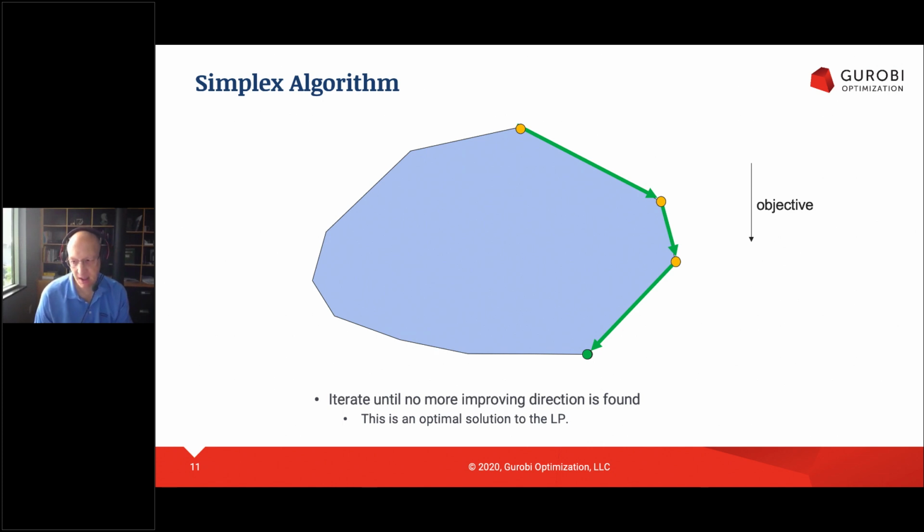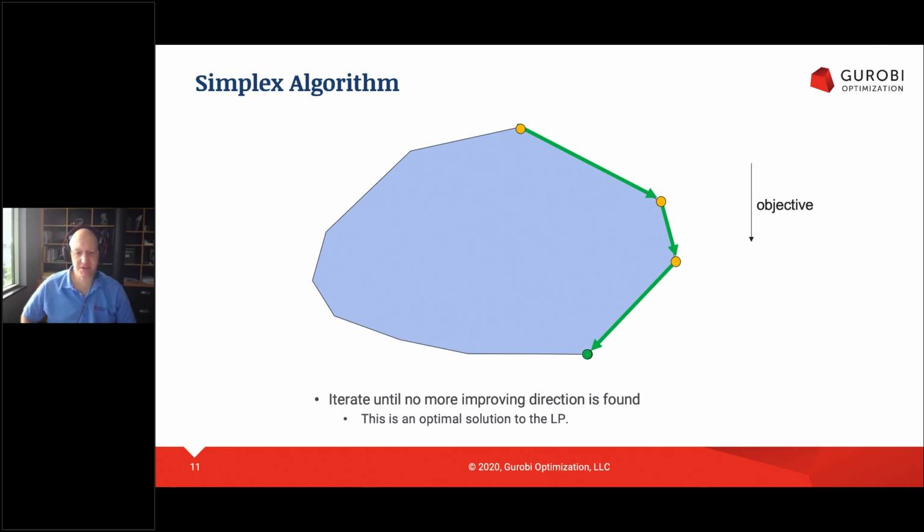There's a set of edges leaving that vertex. You pick an edge that improves the objective. In this case, the objective points downward. You traverse that edge until you reach another vertex, and then you continue. And you iterate until you reach a point where there is no improving direction, and because of convexity, that is an optimal vertex. That's an optimal solution to the LP.